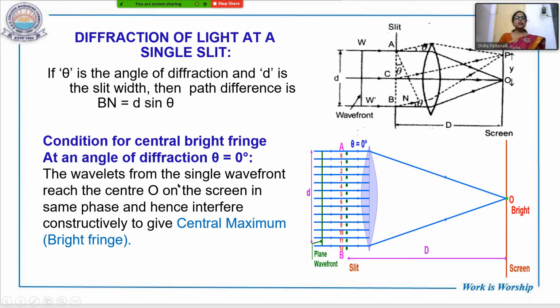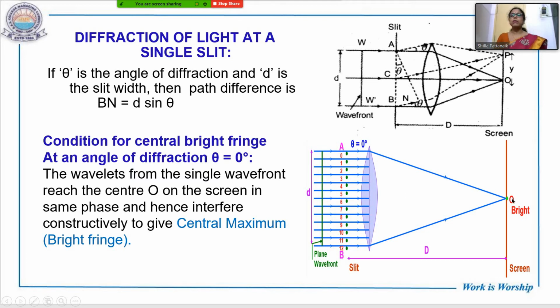Now come to this part. At the point O, the central point of the slit, we will get a bright fringe, maxima. Why? Because you can see light coming from the points A and B. When they reach O, there is no path difference.